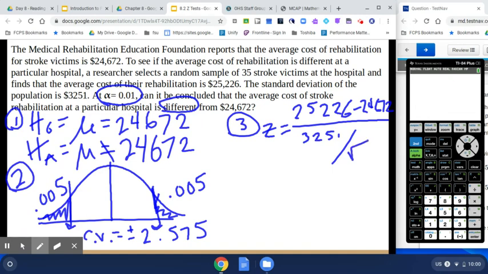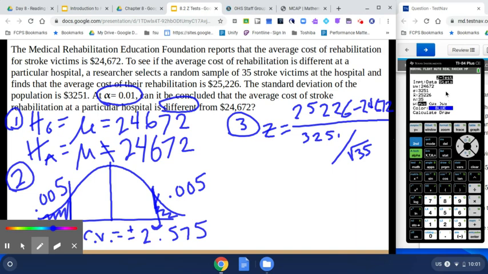For this one was 35. At this point, guys, I'm going to go straight to the calculator and plug in those values into stat, over to tests, and again, the very first one, Z-tests.